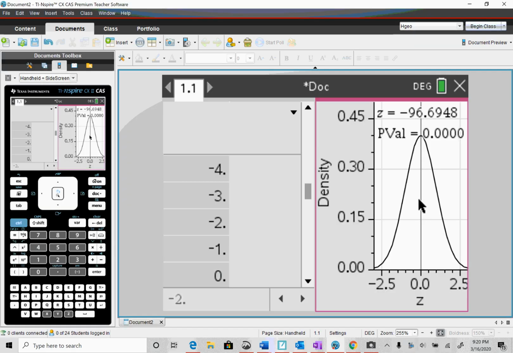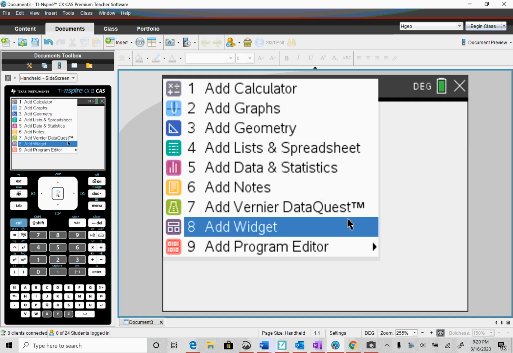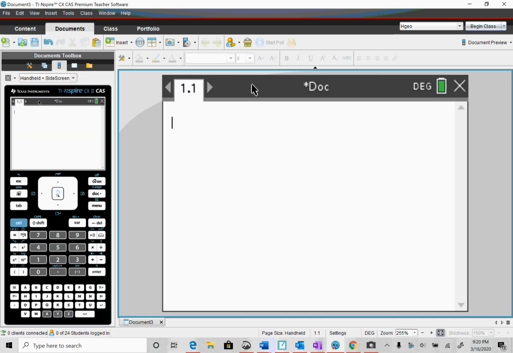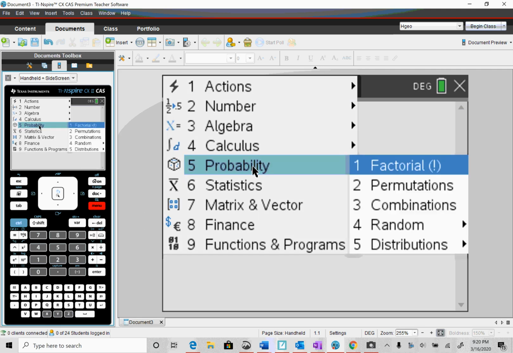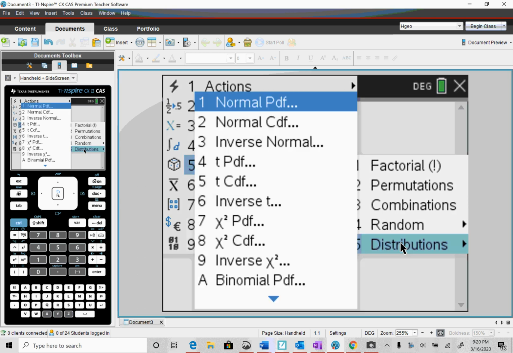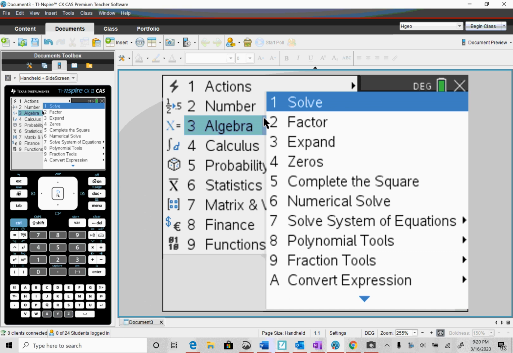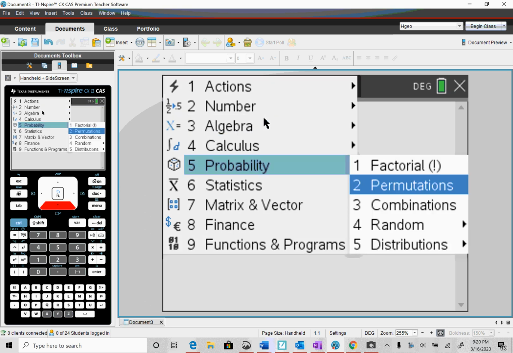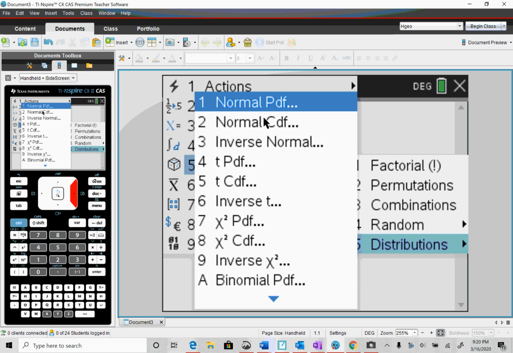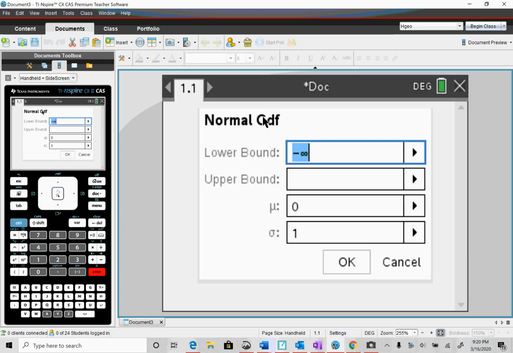And with your calculators, let's look for a probability from a distribution, a cumulative distribution function.